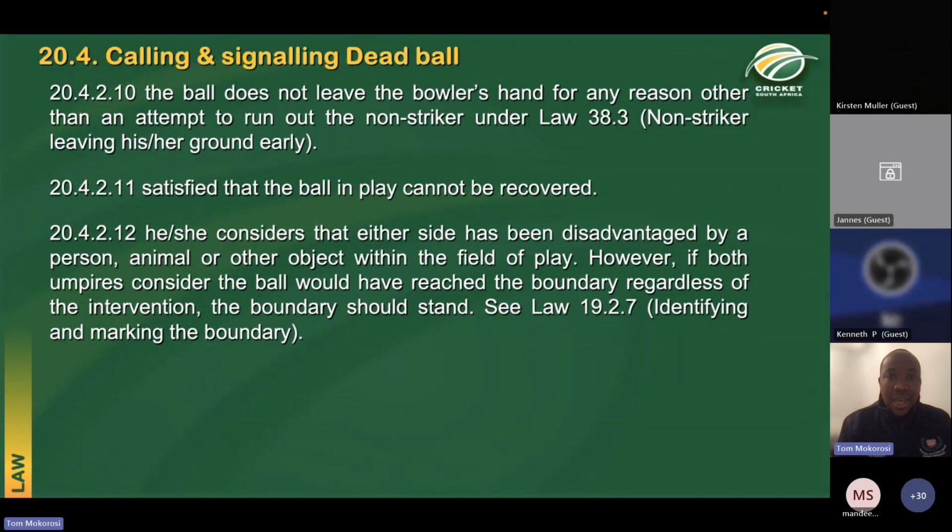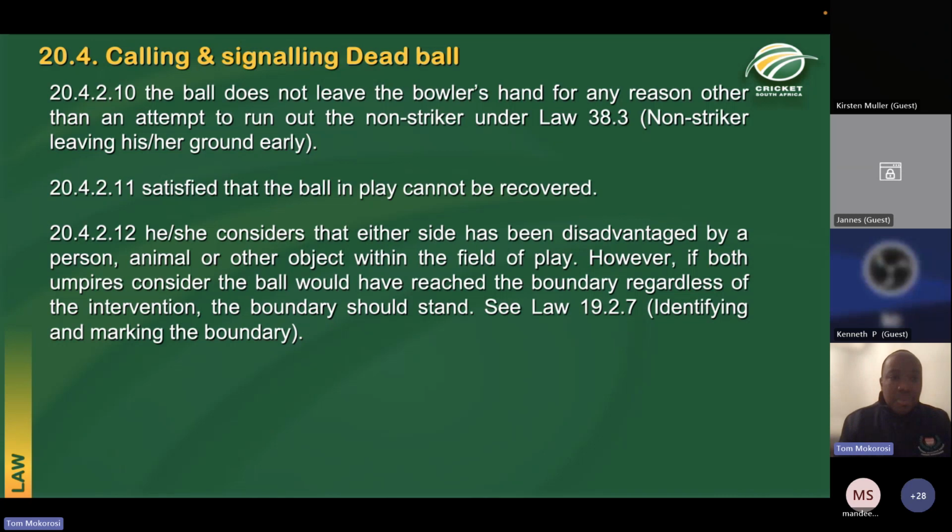If an unauthorized person or animal enters the field of play and the ball hits that unauthorized person or animal, if we feel as the bowlers and umpire that the ball would have carried on to the boundary, then we shall signal boundary 4.